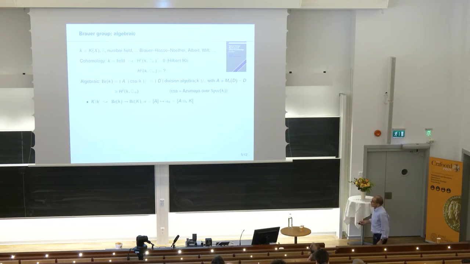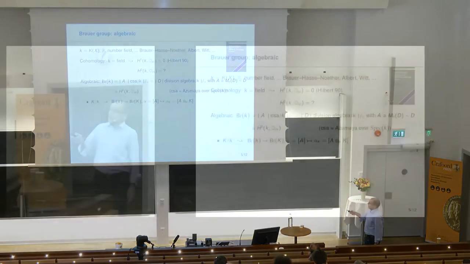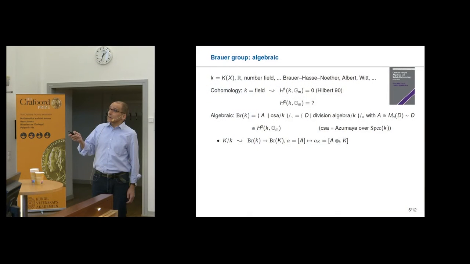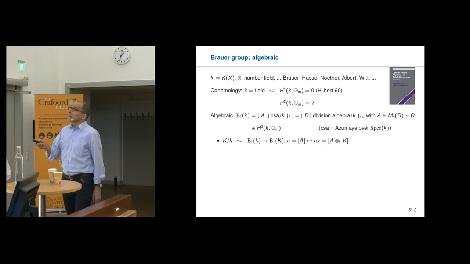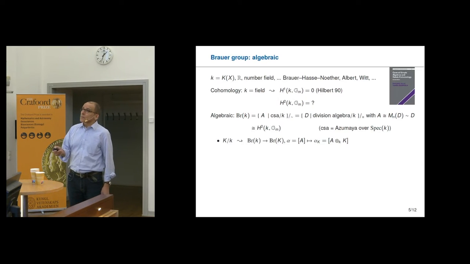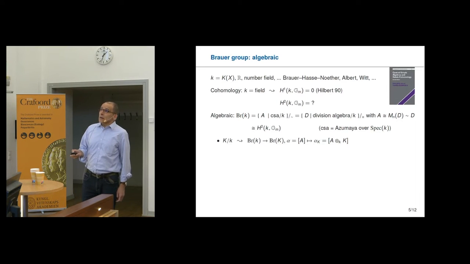So there are certain natural things you can do. For instance, if you base change, so if you go from small k to capital K, then you get a pullback map that, in terms of simple algebras, is just given by the tensor product. So a class alpha on little k gives you a class alpha_K for the bigger field, and that's the definition of the map.